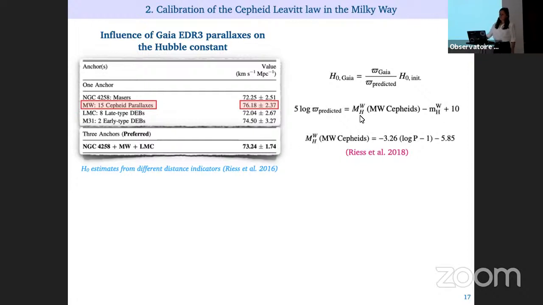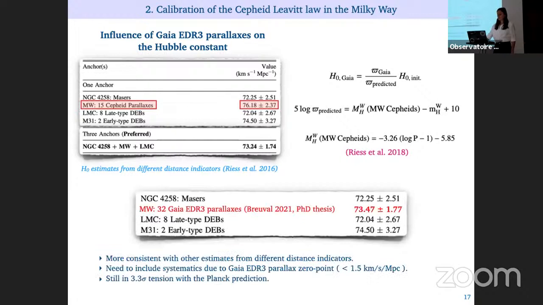And the absolute magnitudes are derived from this equation, the PL relation published by Riess, which is slightly modified because they published the relation that corresponds to this average value. So I just offset the intercept, so it's consistent with only the calibration in the Milky Way. And by applying this procedure, I obtained a lower value of 73, which is lower than the initial value, but also in better agreement with other distance indicators.